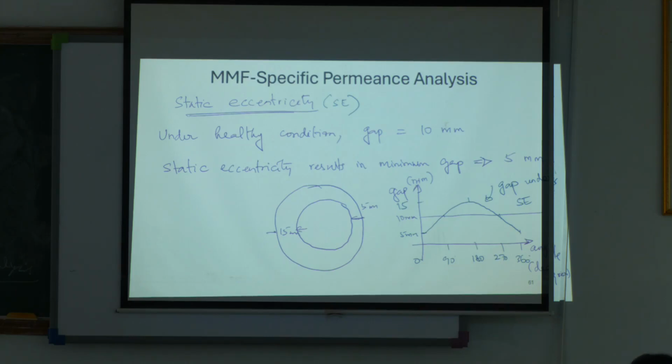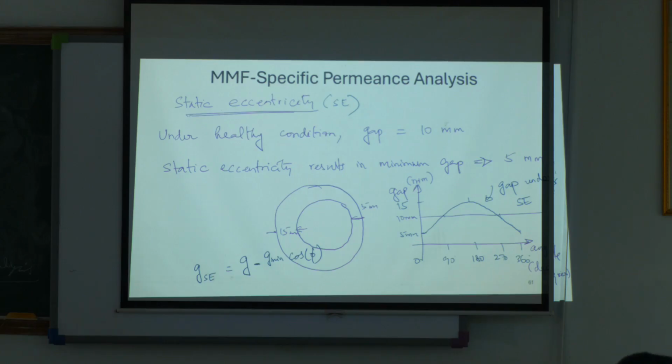The published literature says static eccentricity fault can be mathematically represented as: the gap under static eccentricity is the gap under healthy condition minus the minimum gap times cosine of the angle phi from the stator frame of reference. So this is the mathematical expression.